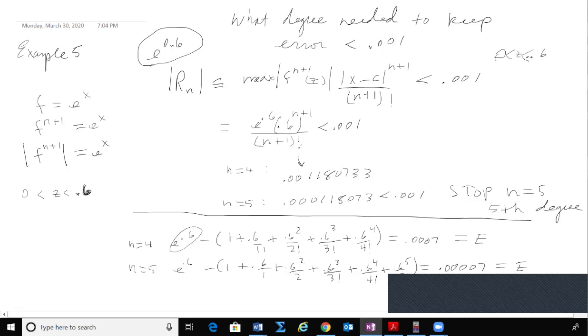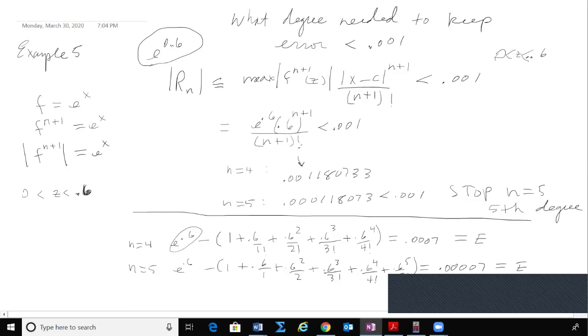Now, if I set up this inequality here, and I go in and find my maximum, to do that I have to look at my derivative. This one's easy because f is its own derivative, so it doesn't matter how many derivatives you take, you still get e to the x. So that's going to be true whether this is a 6, 7, a 10, or whatever.